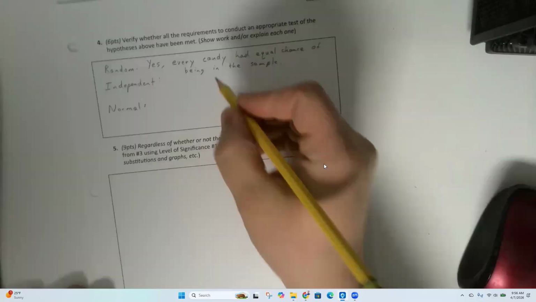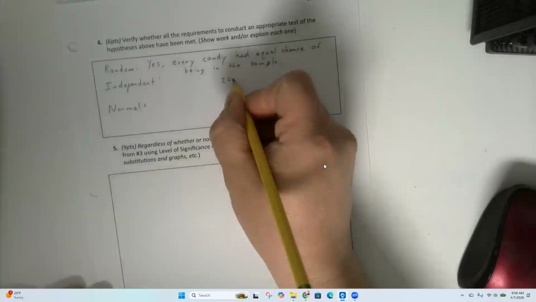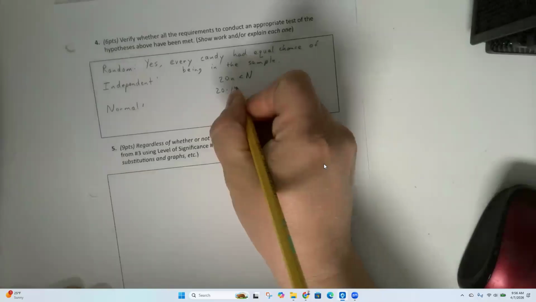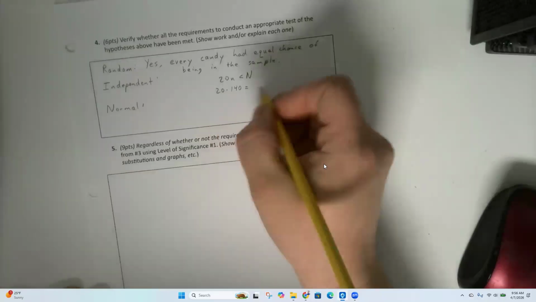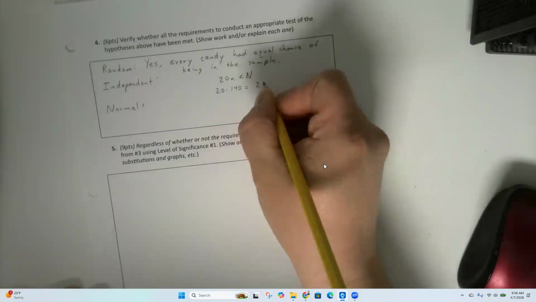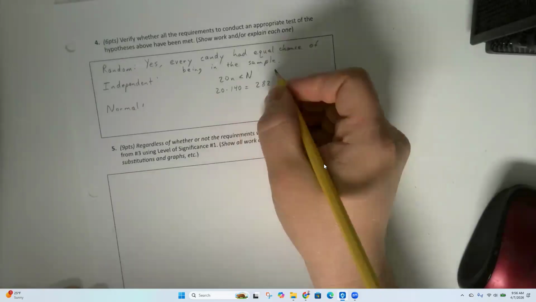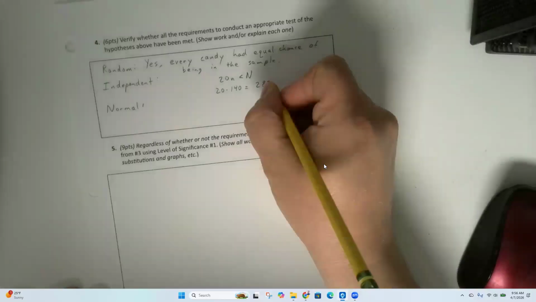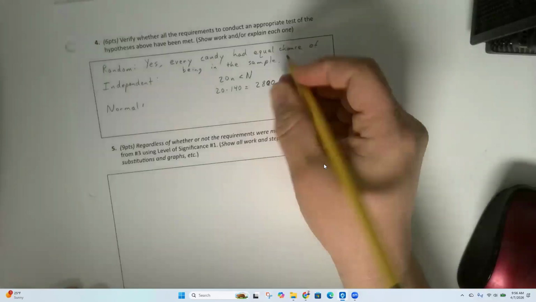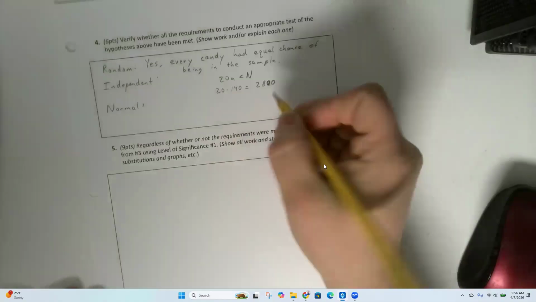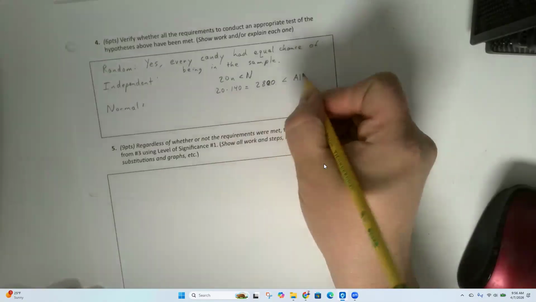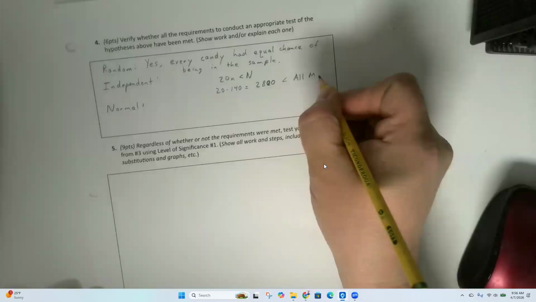Independent, we need to check 20n is less than N. So 20 times, I had 140 M&Ms, which is 2800. And that is less than all M&Ms.